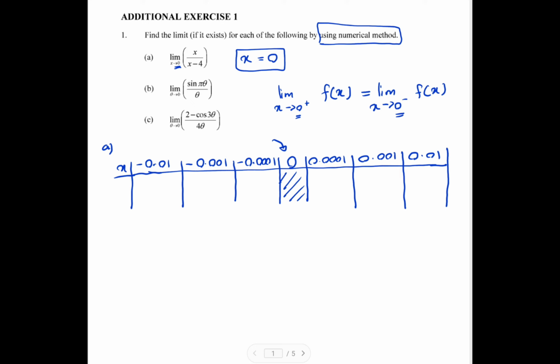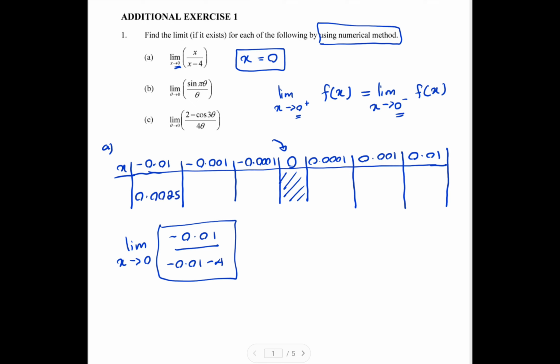When we substitute this value of x in the function, the limit as x approaches 0, that means you substitute x value negative 0.01 divided by negative 0.01 minus 4. When we solve this value, we get 0.0025.